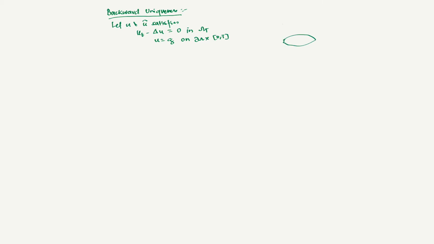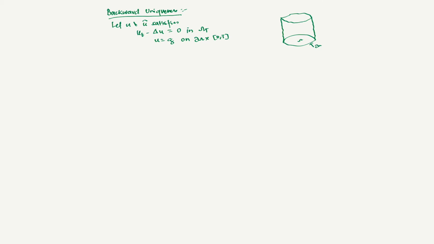So let's say that's your domain. Boundary of omega is this, del omega. So that's your omega, and this cross (0, T), so only this part, that part and this part, nothing inside.